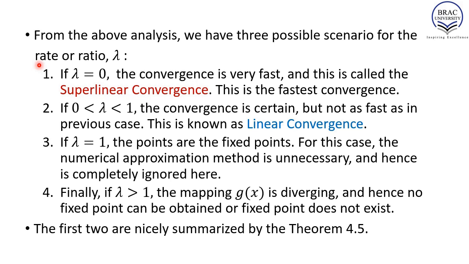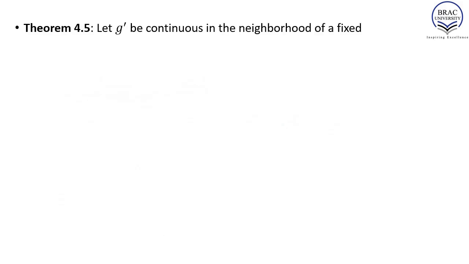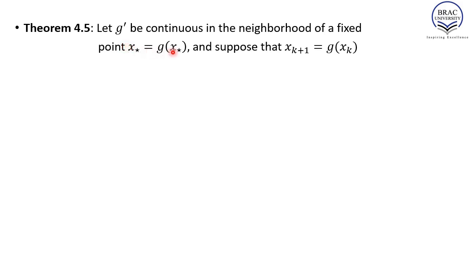The first two, where lambda is 0 and lambda is a fraction, are summarized by Theorem 4.5. What does the theorem say? Let g prime, the first derivative of the function g, be continuous in the neighborhood of a fixed point x star equal to g of x star.